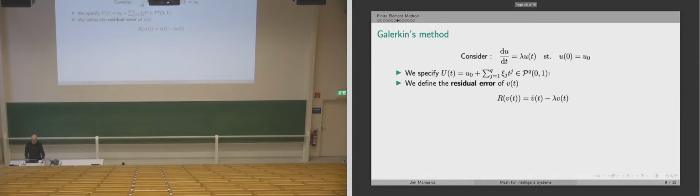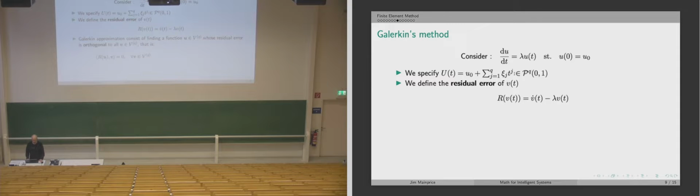And we define the residual error, meaning how accurate our solution is at solving the differential equation, by the following equation. It says we have the left-hand side of the equation minus lambda times the right-hand side of the equation. If that residual error is 0, then we match perfectly, so we solve the differential equation perfectly.